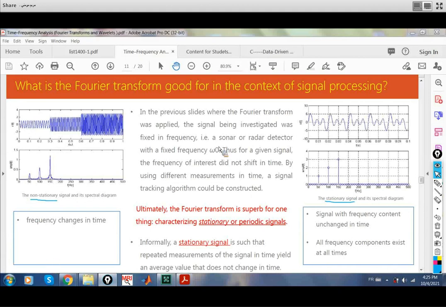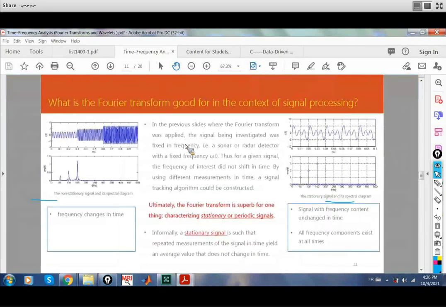They are non-stationary signals. Then we need some other methods for analyzing these non-stationary signals.